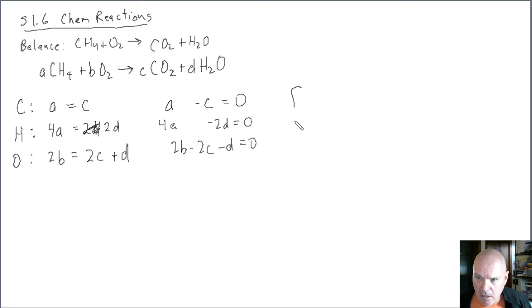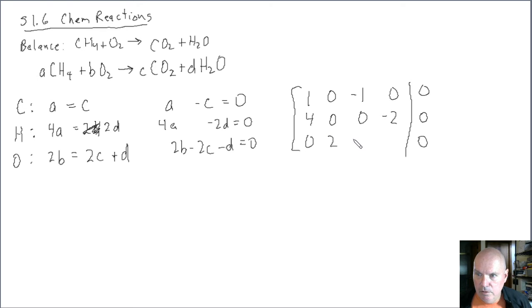The corresponding augmented matrix is 1, 0, minus 1, 0, 0, and then I've got 4, 0, 0, minus 2, 0, and 0, 2, minus 2, minus 1, 0 for my augmented matrix.